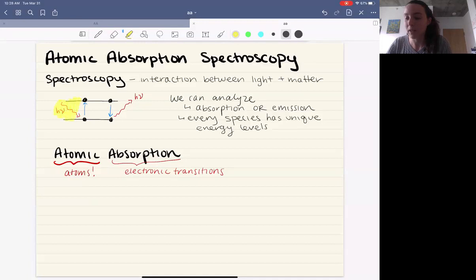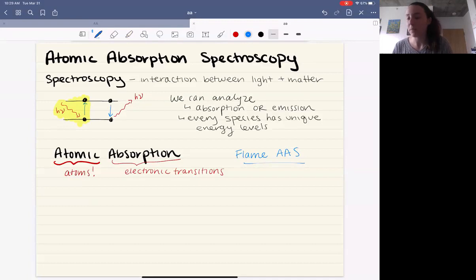So we're only looking at absorption, this first situation. We are doing no emission analysis here with this instrument. The instrument we're using is a flame atomic absorption spec, AAS.